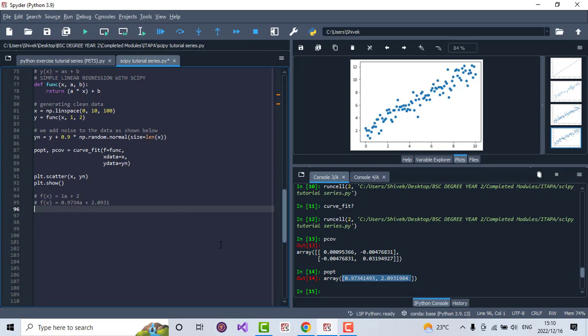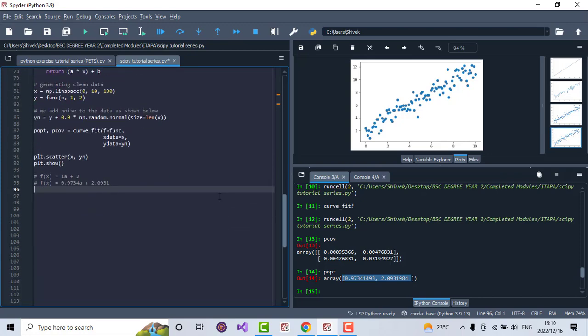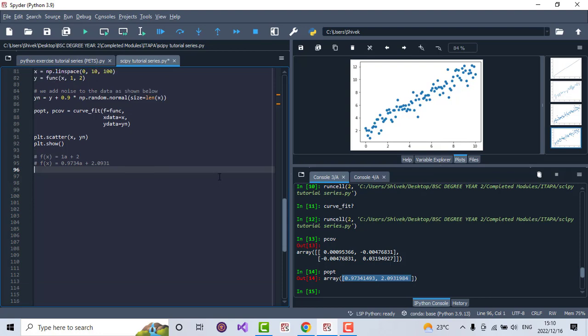SciPy itself is very powerful. This was a linear problem. You may be wondering what it is like to work with a non-linear optimization or minimization problem. That is the next thing we will explore.